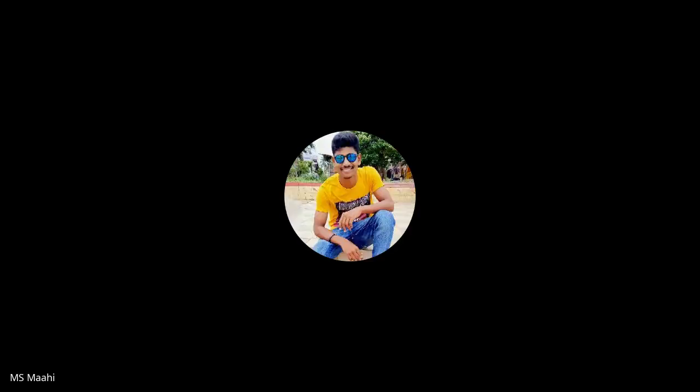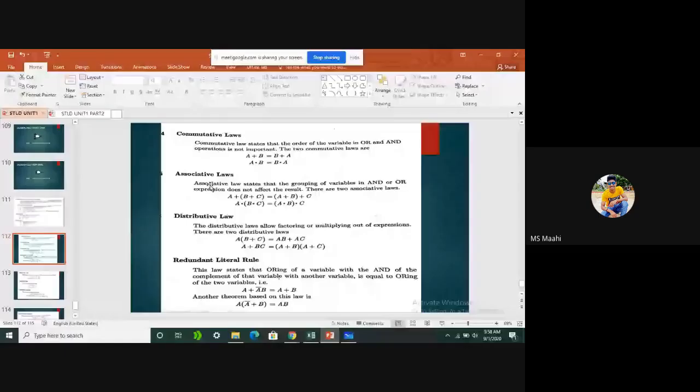And the associative law is also similar to the decimal law. That is nothing but A OR (B OR C) is equal to (A OR B) OR C. And similarly, A AND (B AND C) is equal to (A AND B) AND C. Clear?